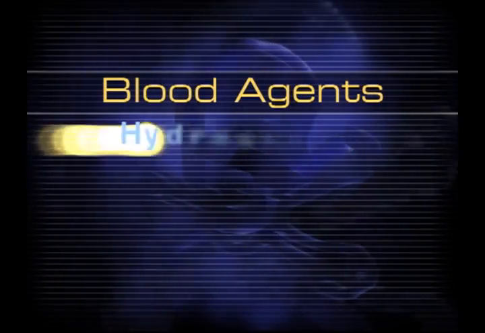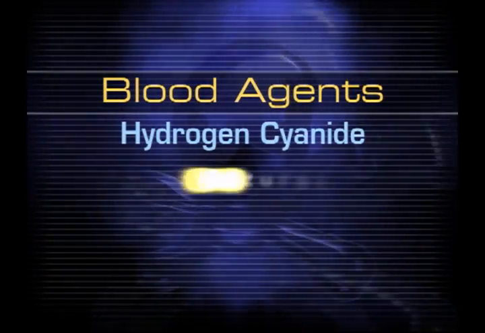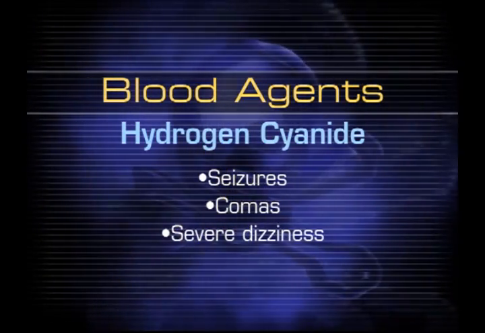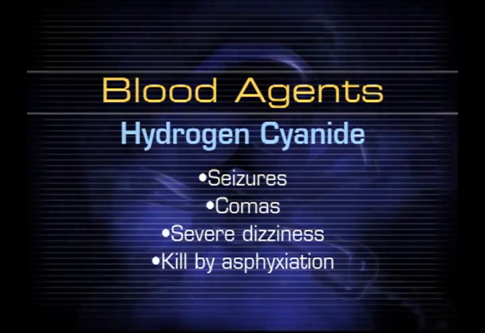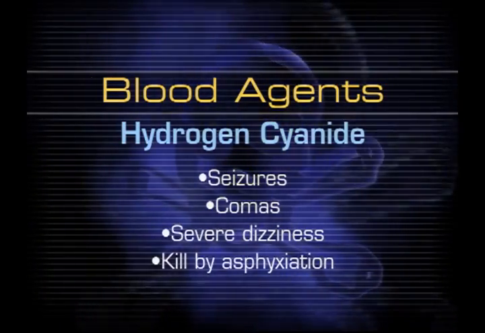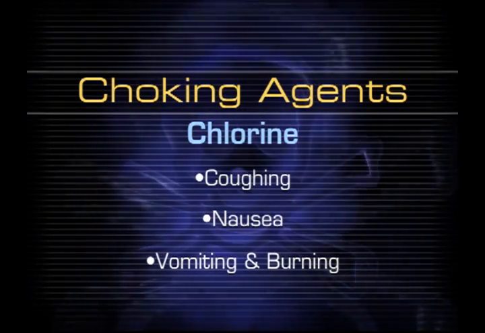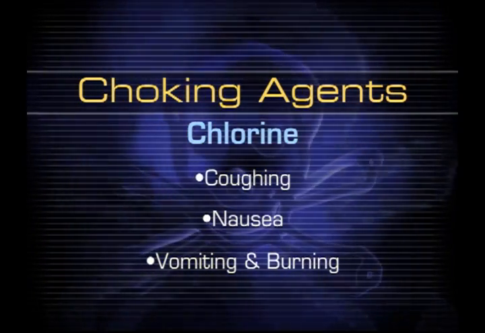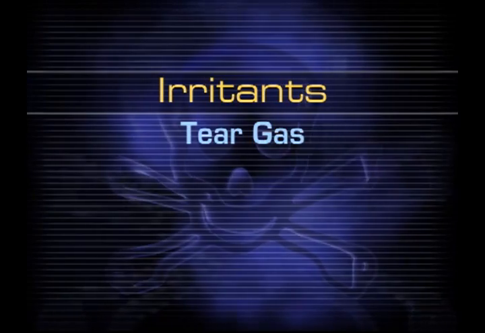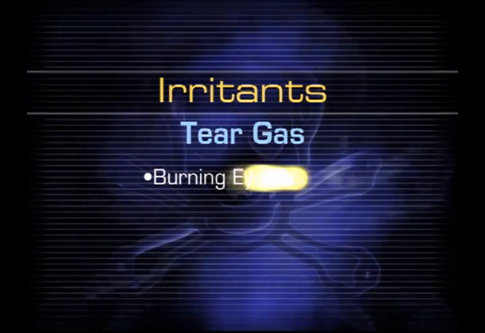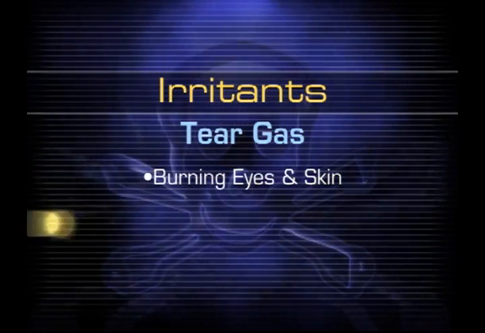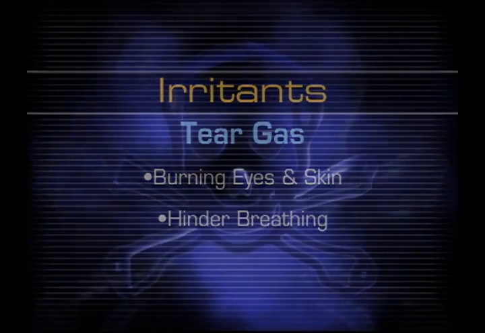Blood agents such as hydrogen cyanide can cause seizures, comas, and severe dizziness, and eventually kill victims through asphyxiation. Choking agents such as chlorine cause severe coughing, nausea, vomiting, and burning, among other symptoms. Irritants like tear gas often cause severe burning in the eyes and skin and may hinder breathing.